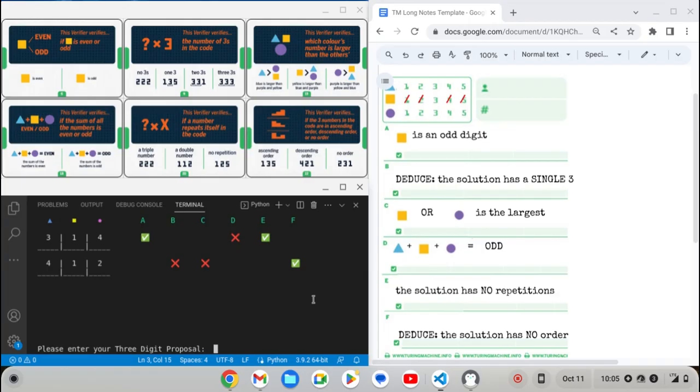If we say square were the largest with 5, how would you pick between 1 and 3 for triangle? Because it would be 1, 5, 3 or 3, 5, 1. That doesn't work.